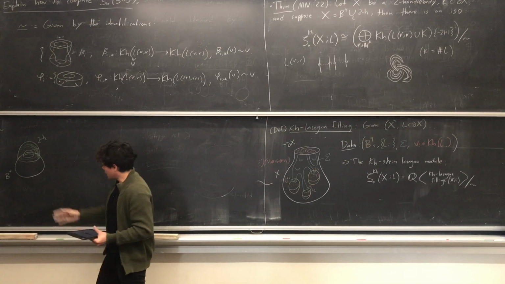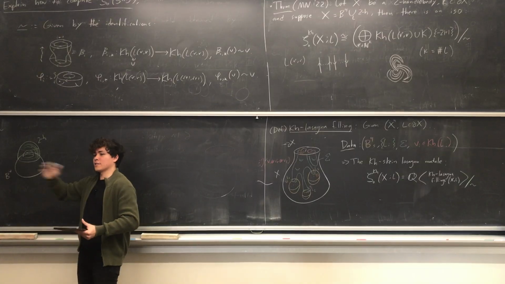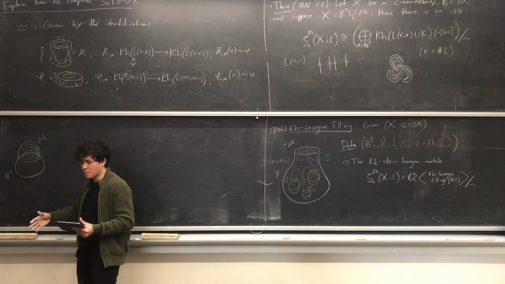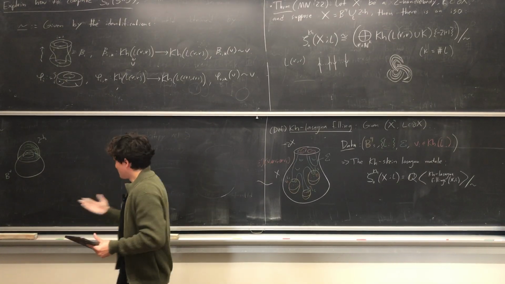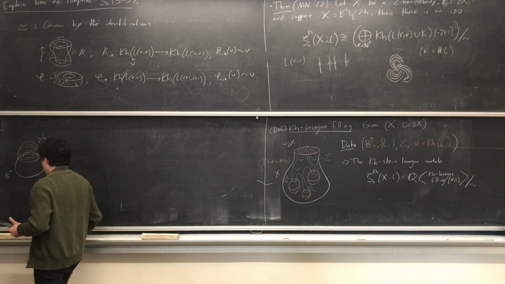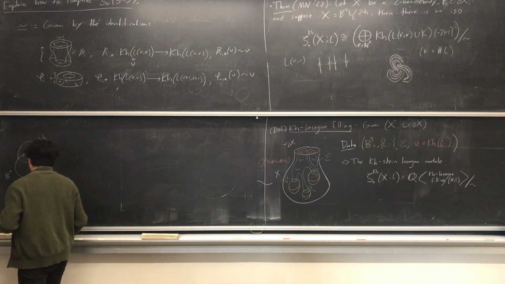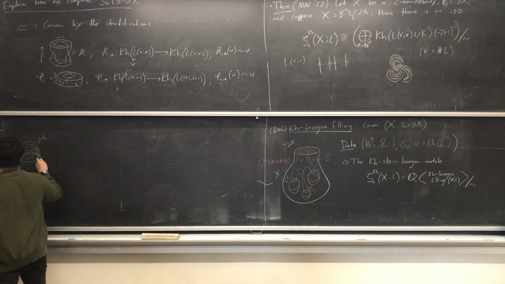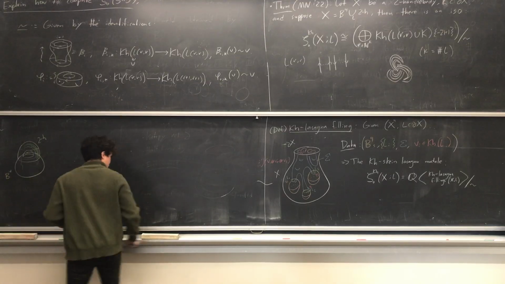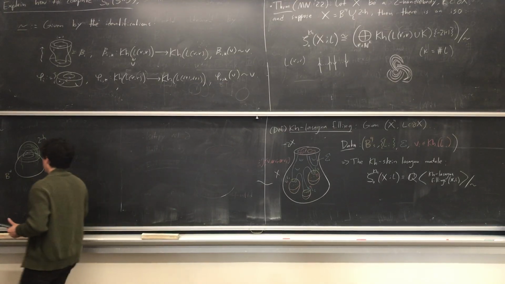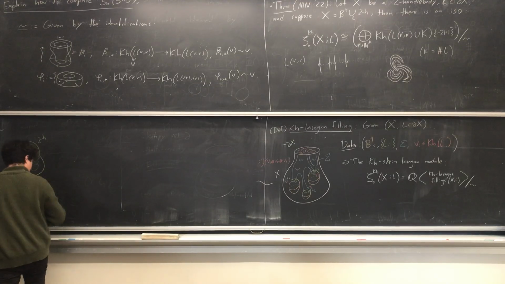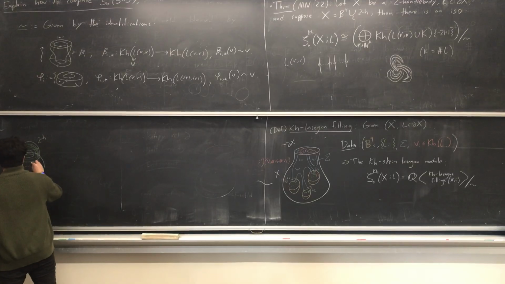So I can shove everything into the four-ball, and up here I just have disks that are kind of boring. I have the rest of my surface in here, and I have my four-balls floating around.